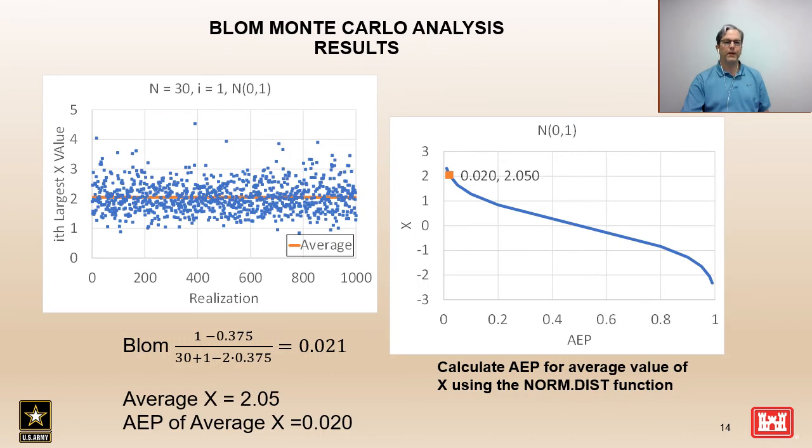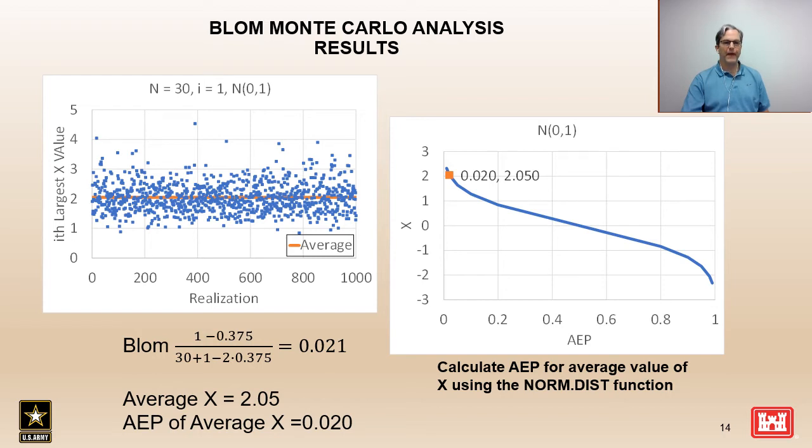The process is repeated for 1,000 realizations, and we then calculate the average of the largest x values over all of the realizations. We then plug that largest x value into our normal distribution with a mean of 0 and a standard deviation of 1 to get an estimate of the annual exceedance probability.